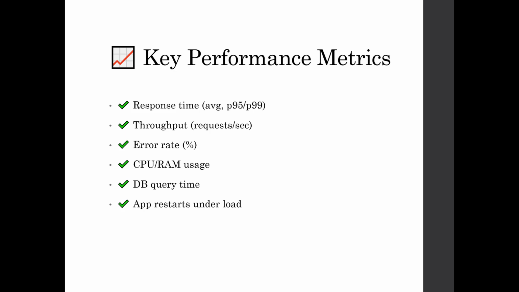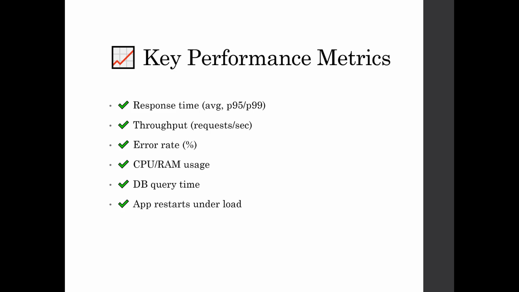So response time, of course, that's the one everyone goes to. We want an average, and the 95th to 99th percentiles. You can go look at what those would be. 500 milliseconds was a great example of that. Throughput, which is your requests per second.